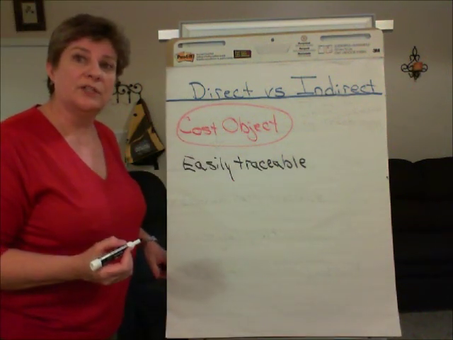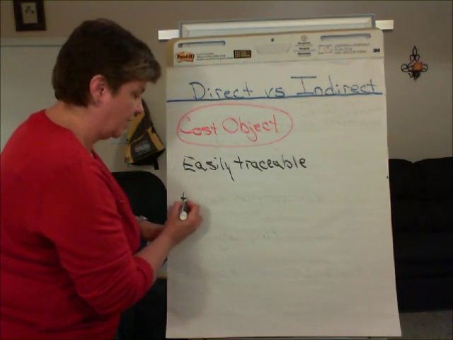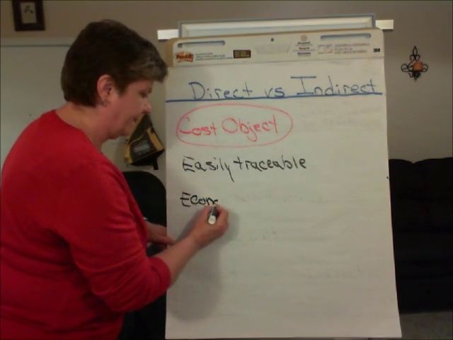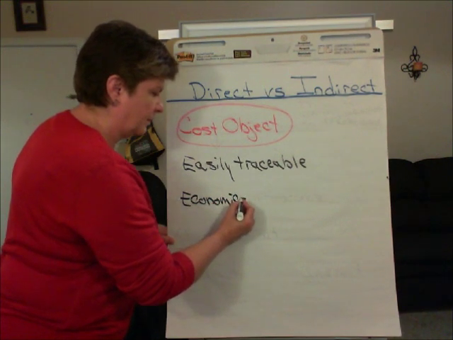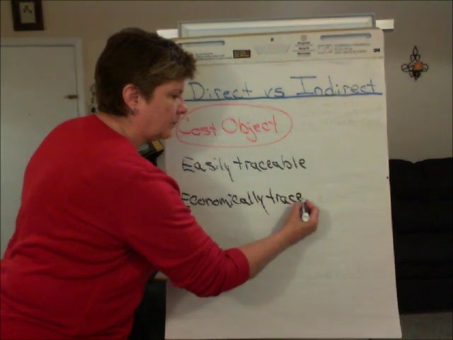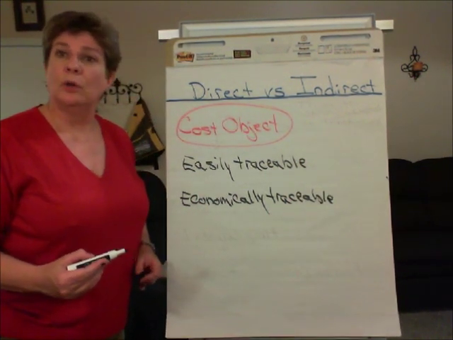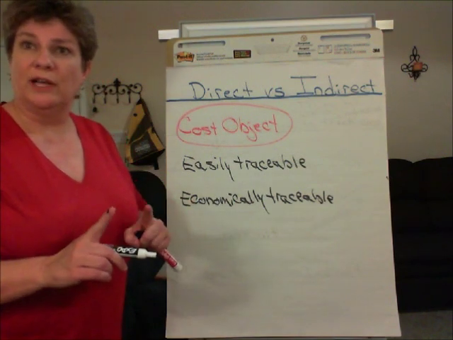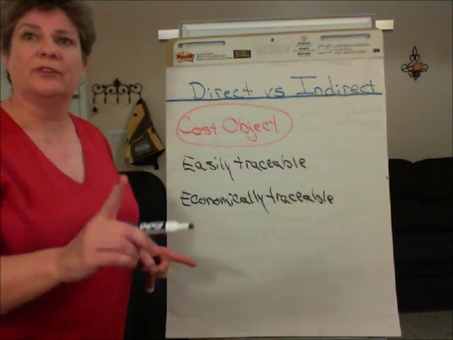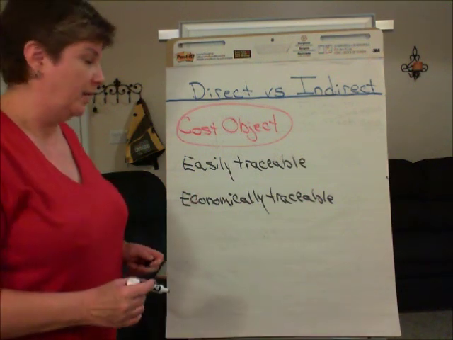It also needs to be economically traceable to the cost object. So it doesn't cost us a whole lot of money to draw that relationship between the cost object and the cost itself that we're trying to keep up with.